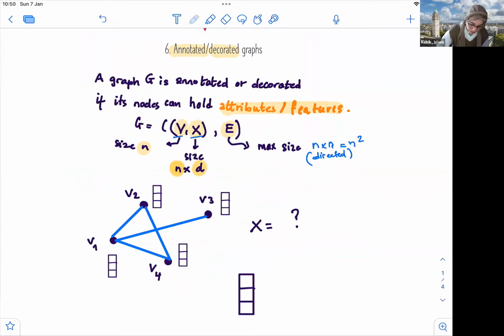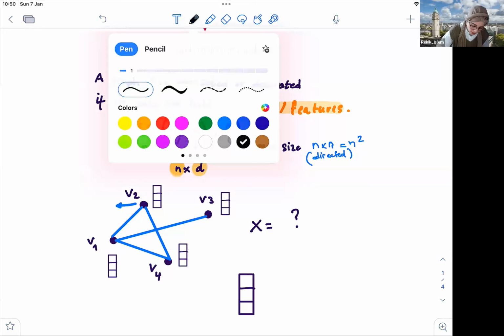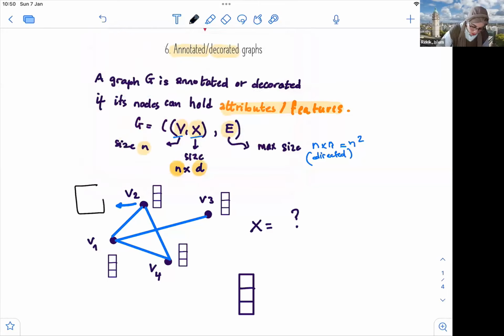For example, V here could be an image. If you take this image of a tree, and it has 100 pixels by 100 pixels, and then you vectorize it, you're going to have 10 to the power of 4, so lots of values over there.